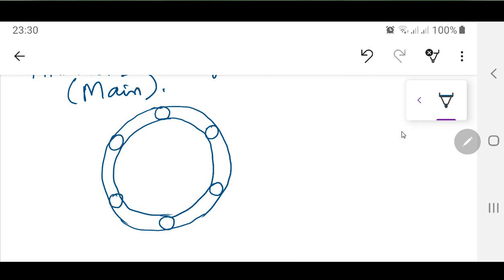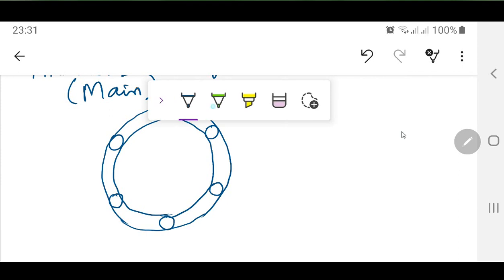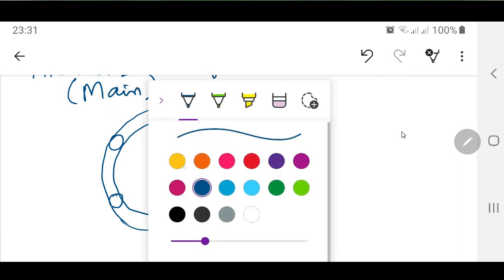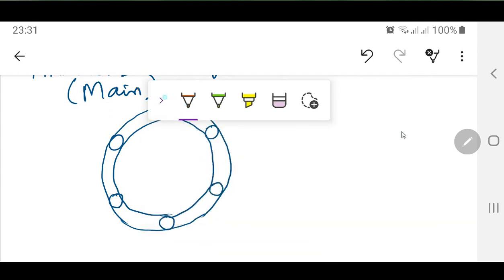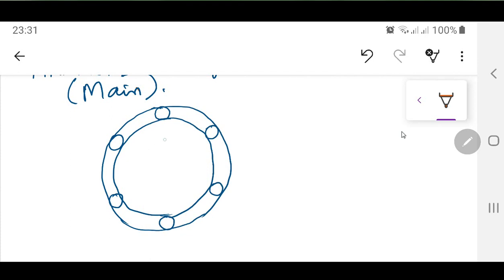I'll change the color just for the audience so that it's easy. When you have a rotor over here, the rotor is again a circular object, and on this rotor you will again have some windings, and this is the cross-sectional view. I hope this does not create any problems for the audience.